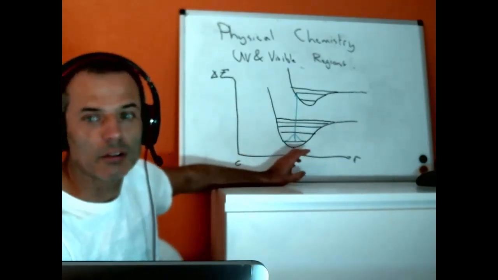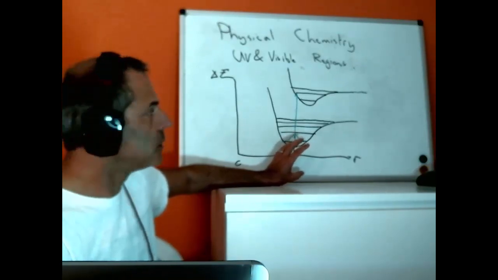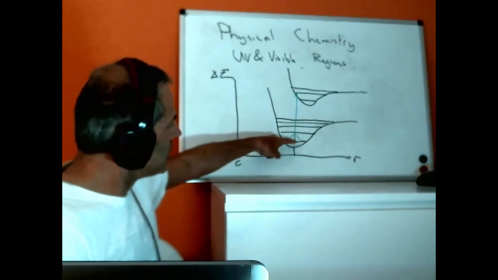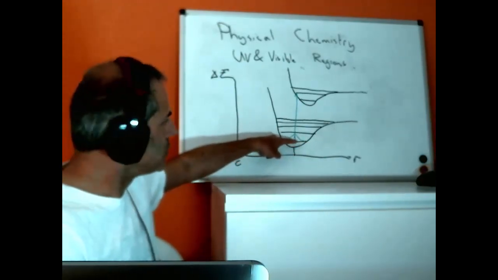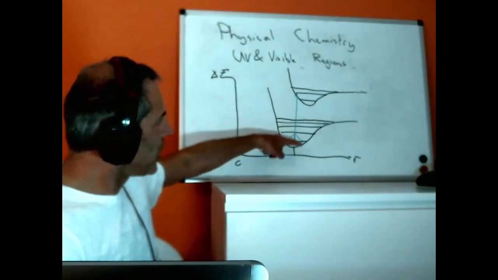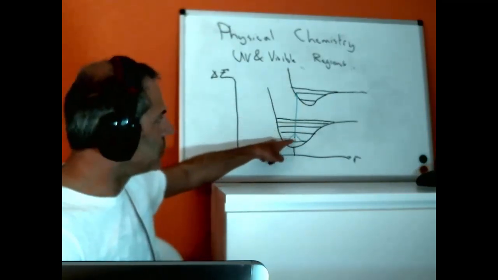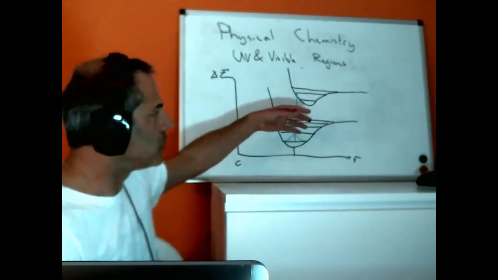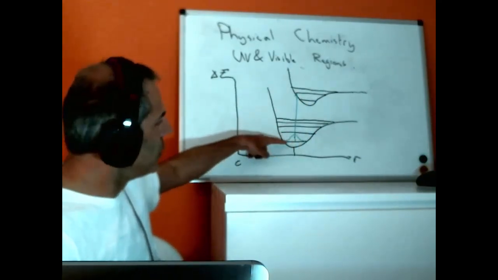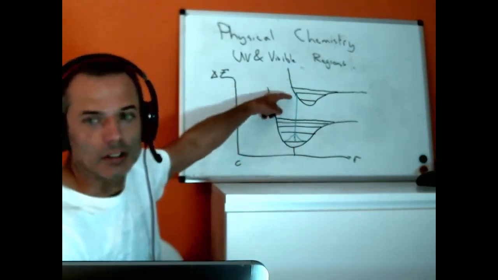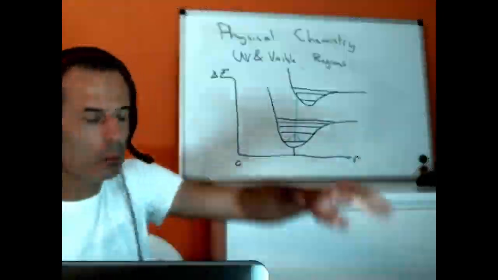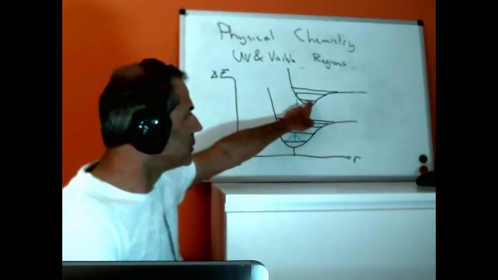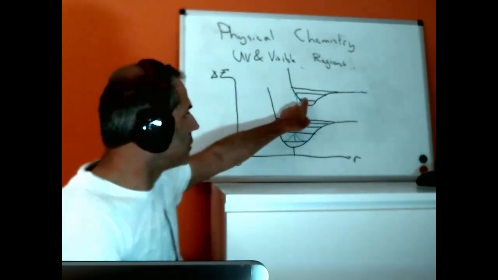So the rule with these diagrams is that only vertical arrows are allowed, or only vertical arrows are easy to do, and so in this case the most likely transition will be a vertical one, and it won't be from the ground state that we typically have here to the ground state of our excited state, the electronically excited state. We will have to go to one of the excited vibrational states of our molecule, because this molecule can't suddenly stretch and snap into position out here where the ground state is.